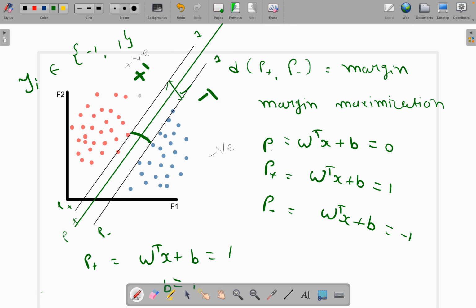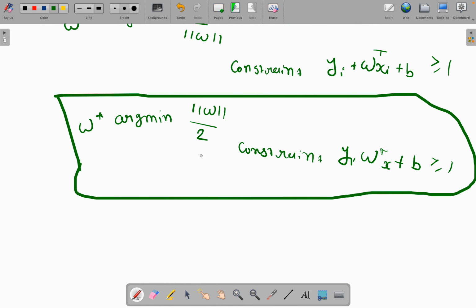So we cannot say that any blue point is in this region or any red point is in this region. There should be no misclassification, right? And in the real world we will not find any data set which is perfectly linearly separable, right? There would be some errors. So we need to modify this equation so it can allow some errors. And by the way, this is called a hard margin SVM.